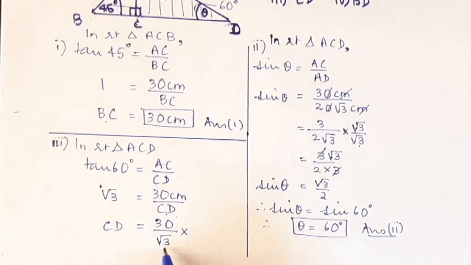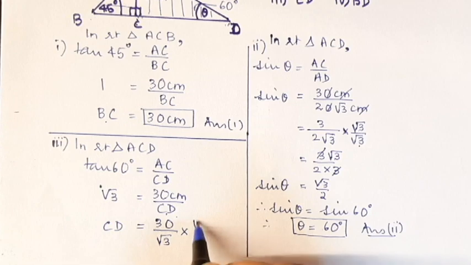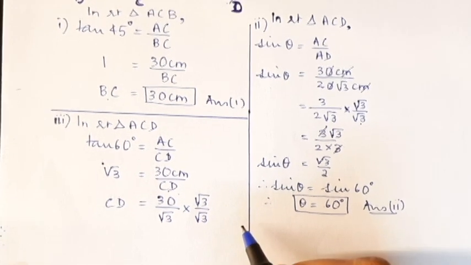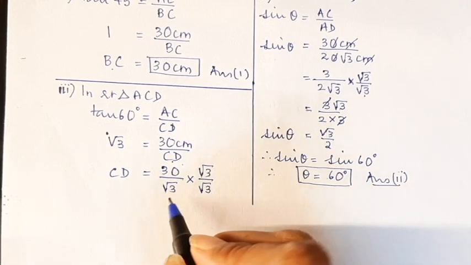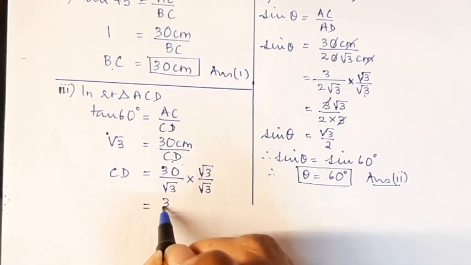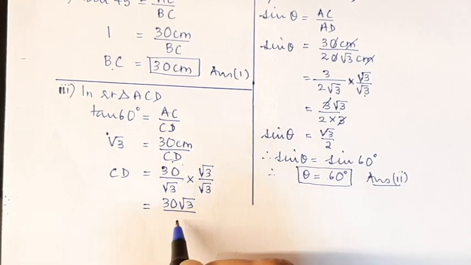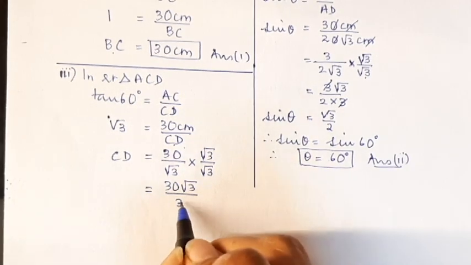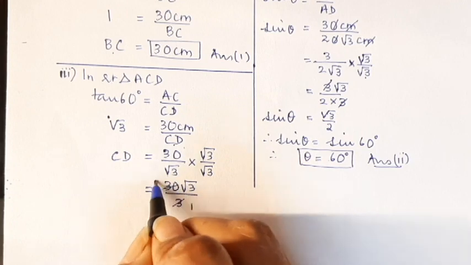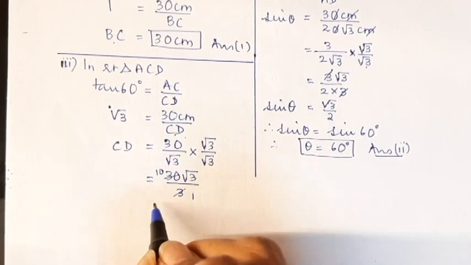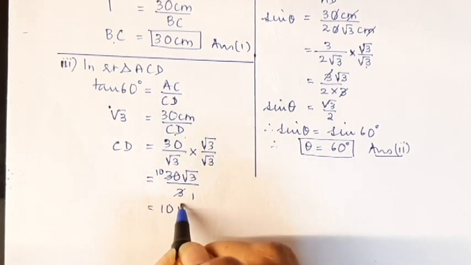Again we see irrational number in the denominator, so we need to rationalize. So we multiply and divide by root 3. That gives us 30 root 3 in the numerator. Denominator root 3 into root 3 gives us 3. Now 3 will go once here and 10 times here. And so we will get 10 root 3.